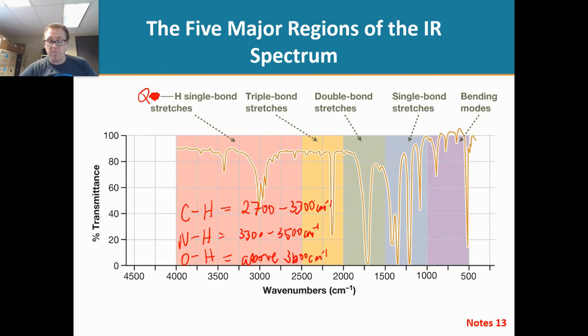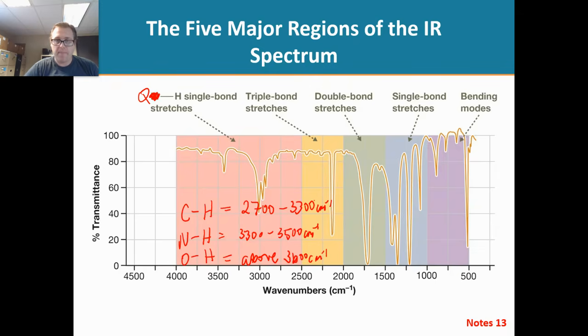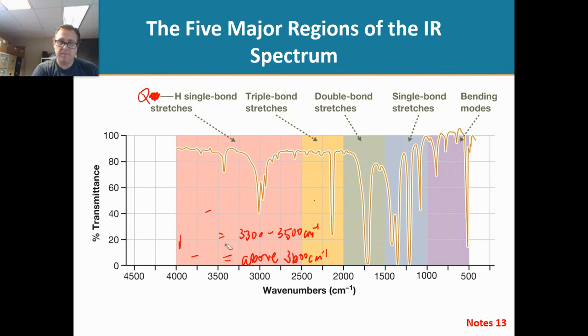Now you can come back to these tables right here and you can see that's true. That's where I'm getting those numbers. So that's in the pink region. That's the type of stretches that you will see.